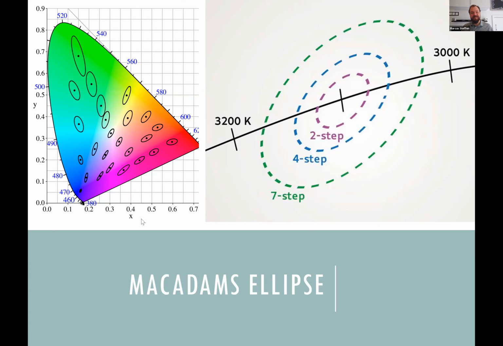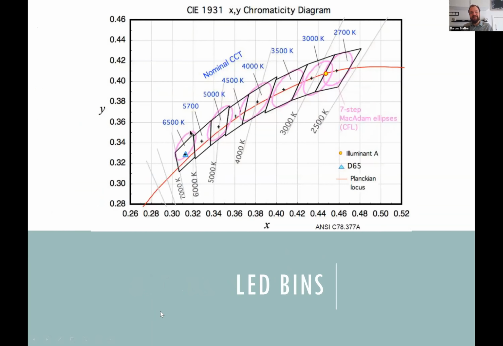And this brings us to one of the key issues that you have within the industry today about what products you're going to buy. And this is what can make it quite complex, is that the 7-step MacAdam's ellipse forms the standard of determination of color temperature. Okay, so within a 7-step MacAdam's ellipse area, you can have all of it being 2700 Kelvin.